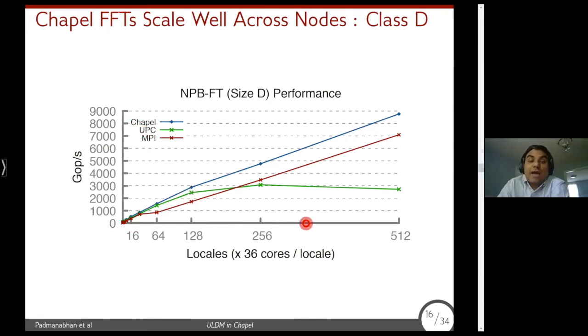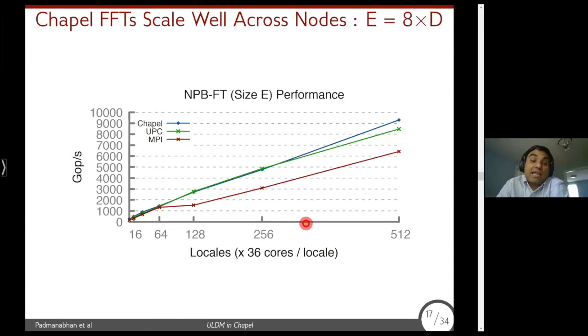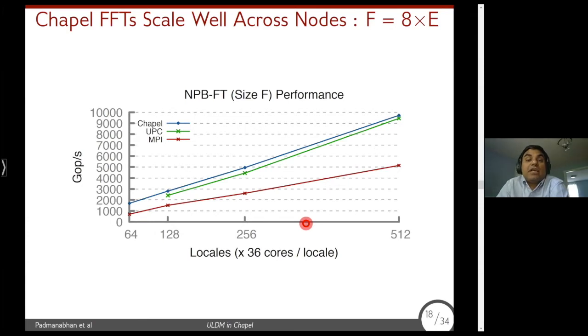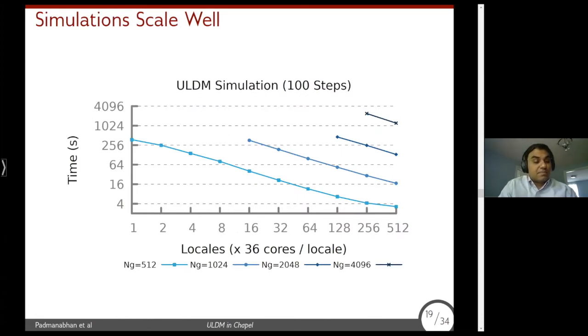And you can see Chapel beats the MPI and is on par with the UPC code once you get to larger scale problems, all the way out to very large numbers of locale counts out here. So we were very happy with these results. It basically meant that without a whole lot of work, we were able to take an FFT algorithm and get good scaling performance across the entire system.